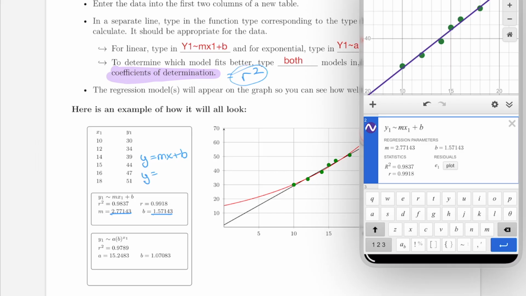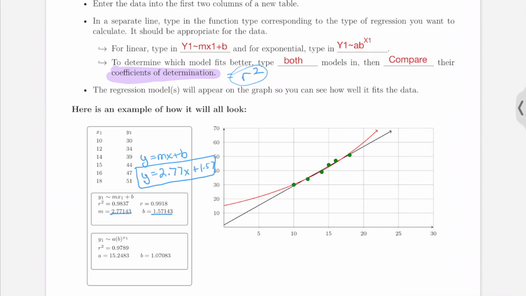So we'll just round to probably 2 decimals, which is going to be sufficient most of the time. Don't forget your x, y equals 2.77x plus 1.57. So there's our linear regression model for this equation. And in this case, it represents this blue line, or it was black, and now I'm making it blue.